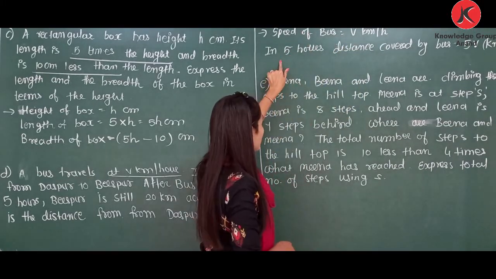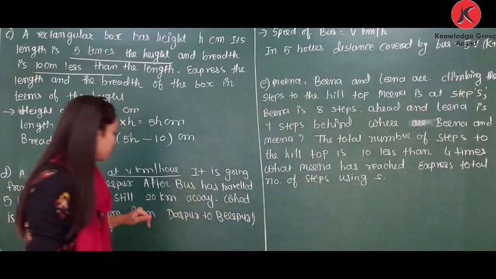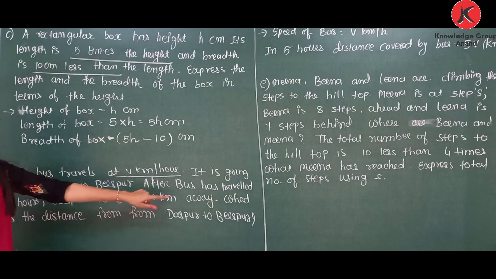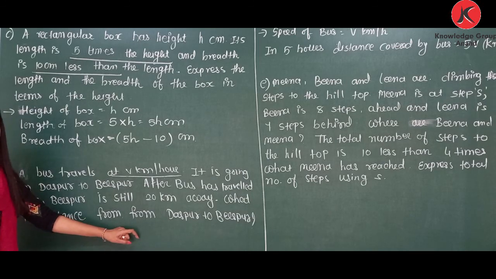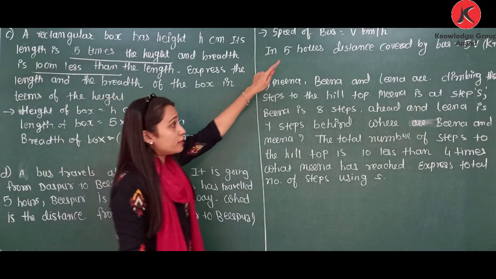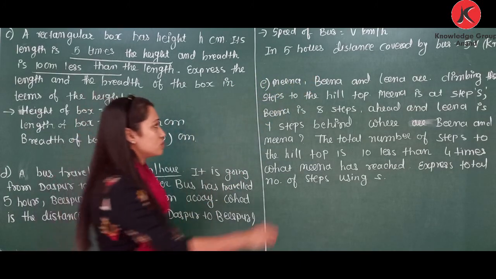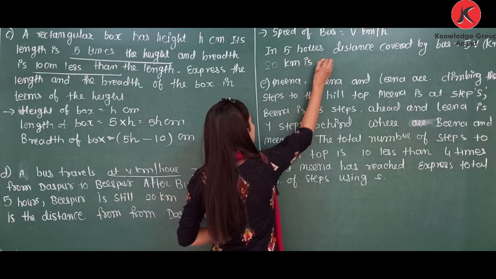So in 5 hours, 5 multiplied by v kilometers can be covered. Next statement is given. Bijpur is still 20 kilometers away. What is the distance from Dashpur to Bijpur? The bus has covered 5v kilometers, and still 20 kilometers is remaining. So we can write 20 kilometers is still remaining.